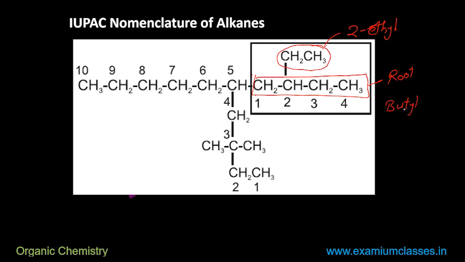It means the name of this whole branch will be butyl as the main chain, and then prefix the branch, 2-ethyl. This is the name of the branch. Now this whole branch is attached on which carbon of the main chain? 5. So I will mention this whole at 5th carbon of the main chain. Is that clear now? Yes, I got it. Yes, sir.